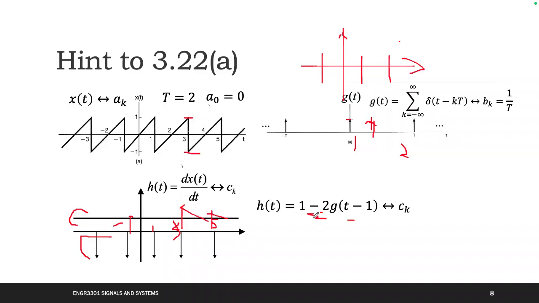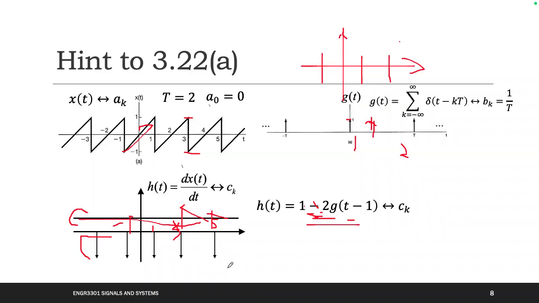So you need to have a 2 and a 1, because this is the slope, am I right? The slope is 1. So it's 1 plus this part, because this is negative. So 1 minus 2g. That makes sense to you?